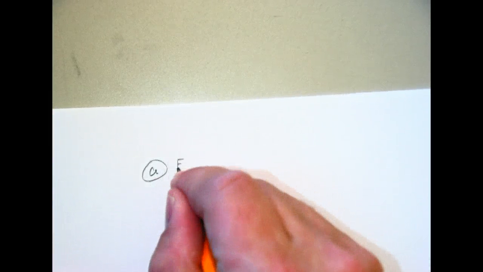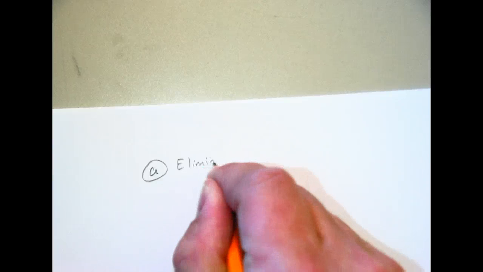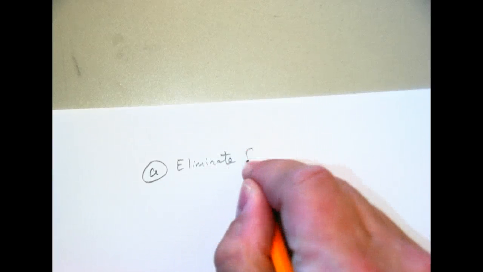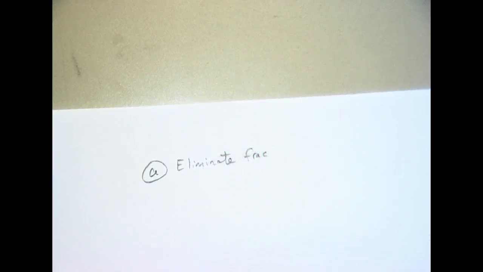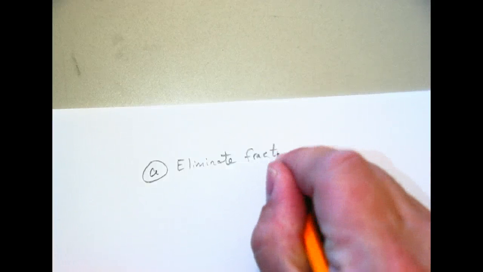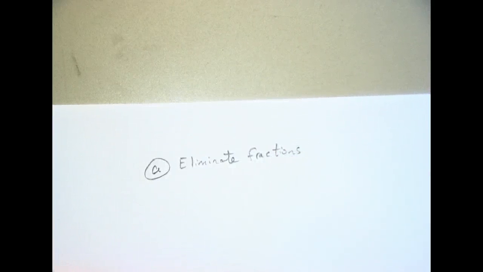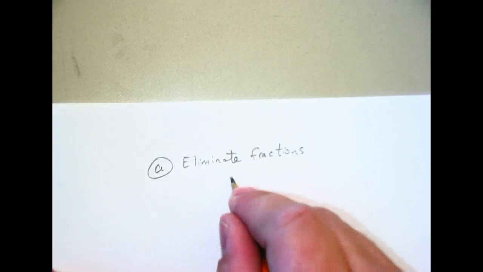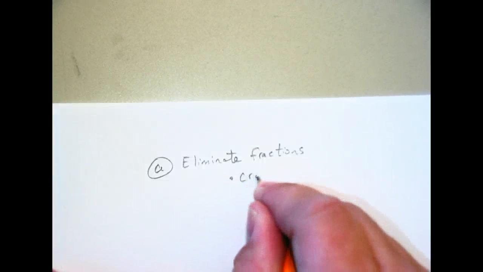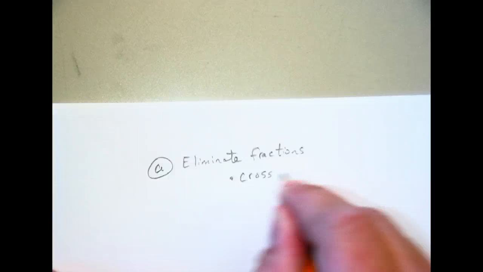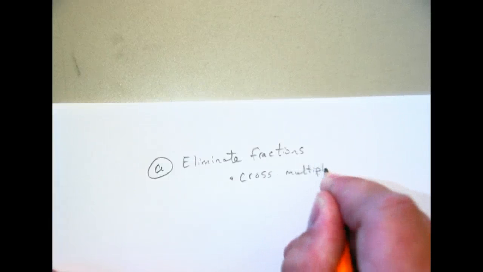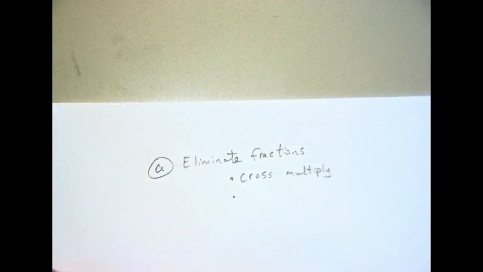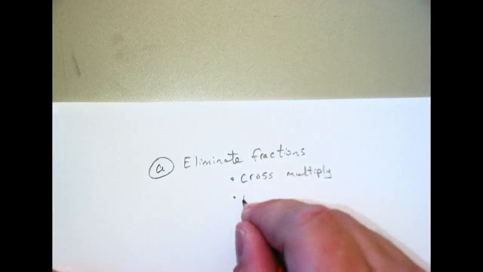Okay, first thing to do, eliminate fractions. Okay, some ways to do that. You could cross multiply. You can multiply by the common denominator.